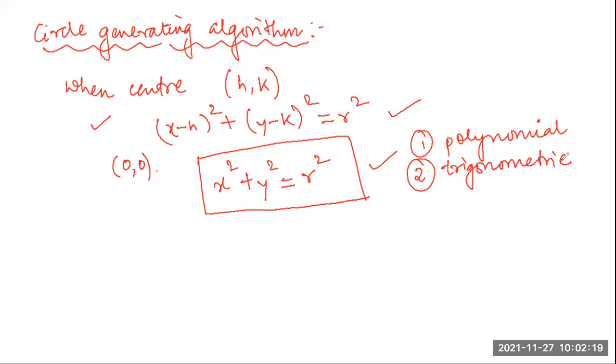In the trigonometric method, we use x equal to r cos theta, y equal to r sin theta, considering theta is our current angle. We have learned this concept, and we will be learning it further. So these are the two methods of representing the circle.